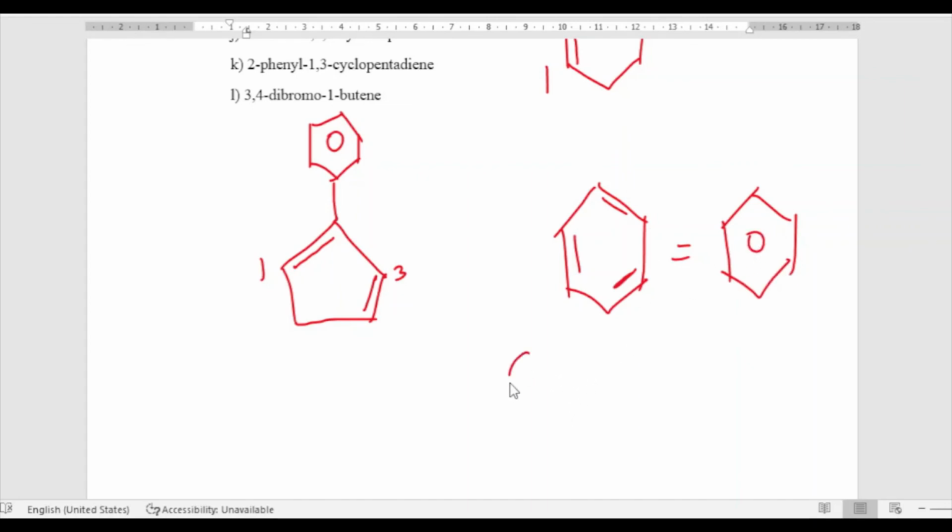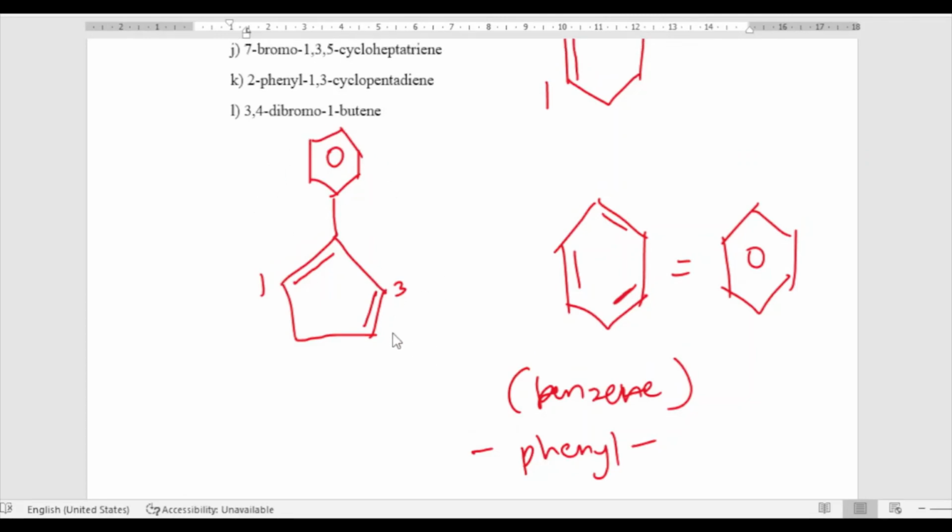This is benzene. If it is a substituent, the name will be phenyl. So this one is 2-phenyl-1,3-cyclopentadiene.